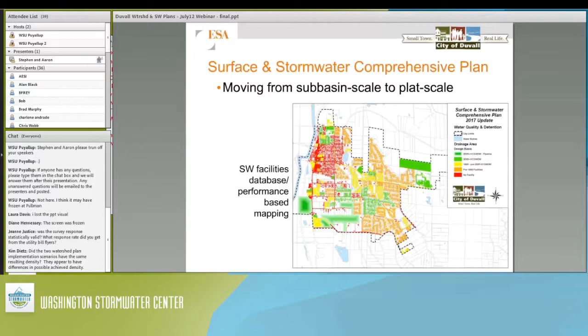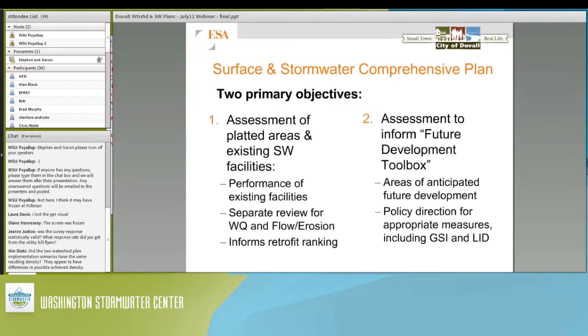So this map shows the city's stormwater facilities across the developed areas, primarily residential subdivisions, and it's color-coded by the design basis underlying each of those respective drainage plats. That's a key data layer that the city is using to assess the first of these two primary objectives.